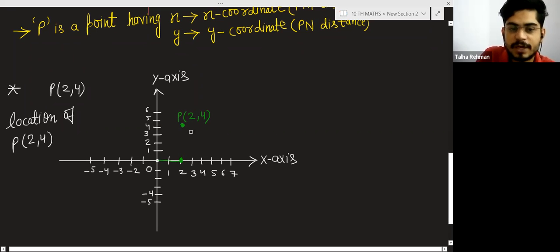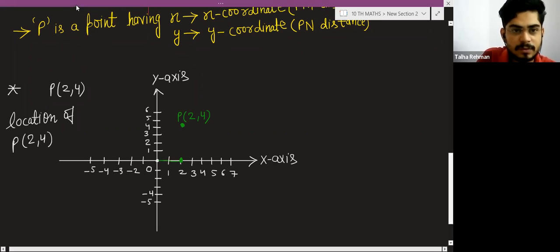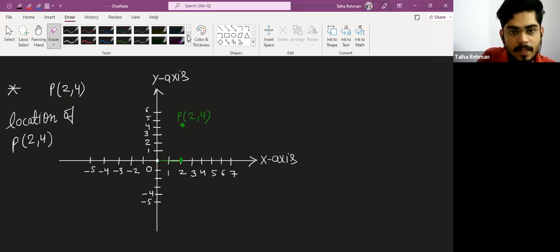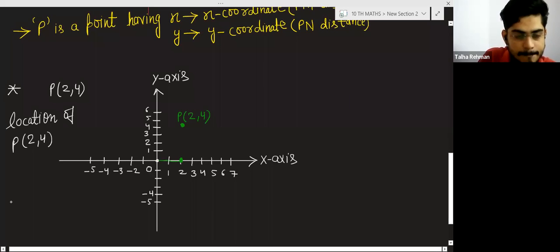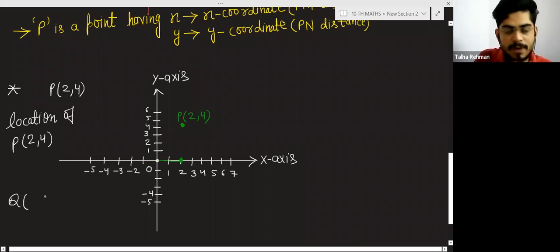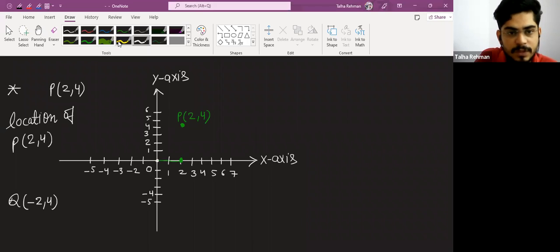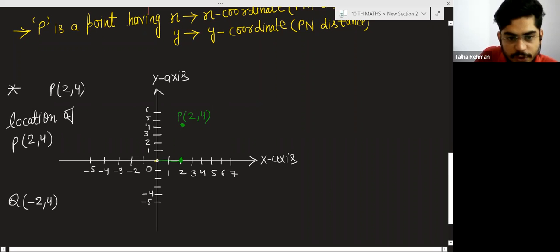In this way you can locate the point. If you want to locate the coordinate of point Q, -2, 4, then start from the origin. This is -2.